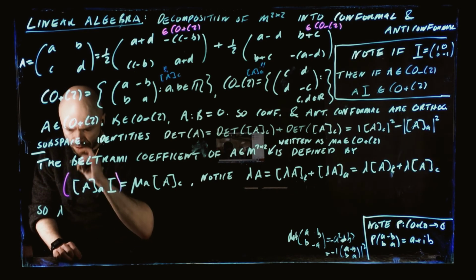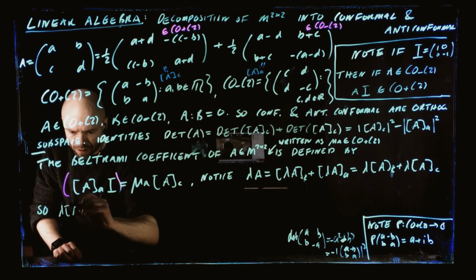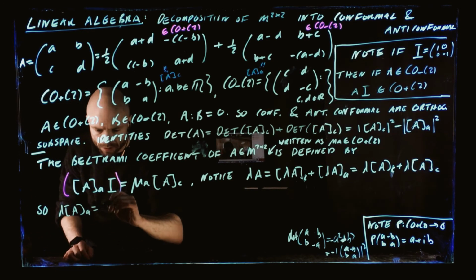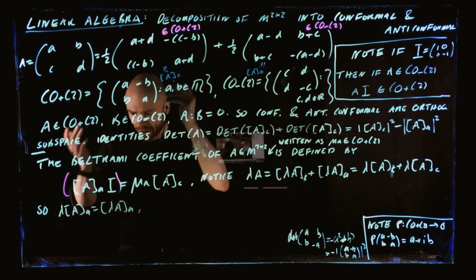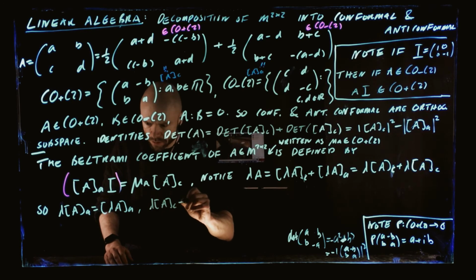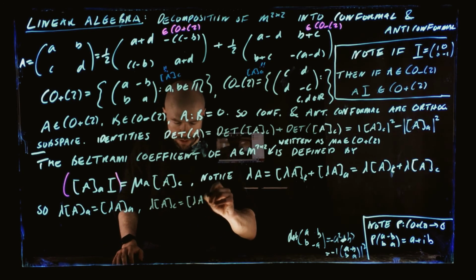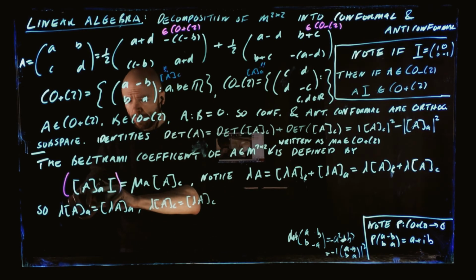So in particular, we can just pull out these things. So lambda of the anticonformal is equal to lambda times this. I guess I could have just said directly that it's a linear mapping, but whatever. We're going to use something like that again. So if we consider lambda A in the definition of the Beltrami coefficient, we can just pull out the lambdas, and it's not going to change anything.